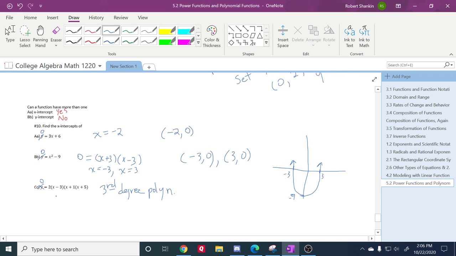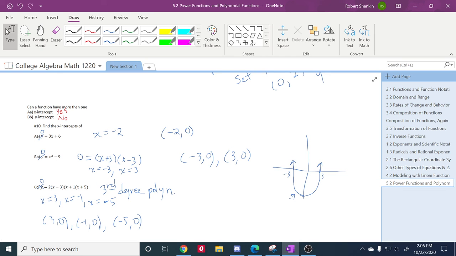But in this form, it's perfectly set up for solving this equation. x equals 3, x equals negative 1, x equals negative 5 are the x-coordinates of the x-intercepts. So (3, 0), (-1, 0), (-5, 0).